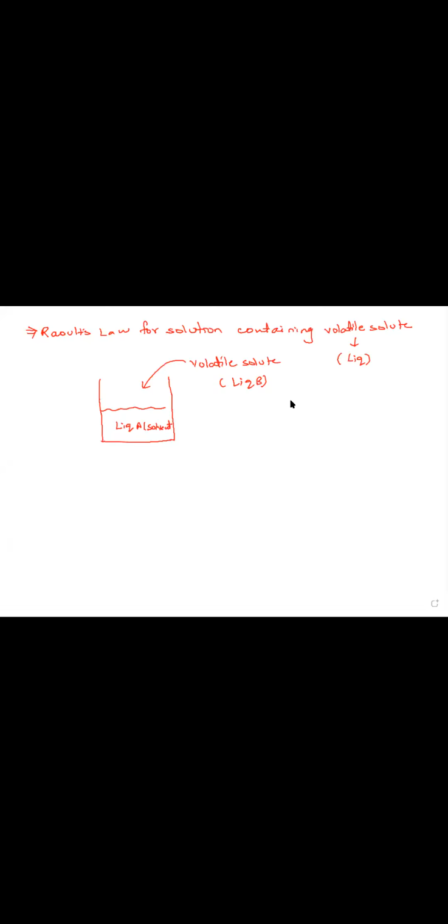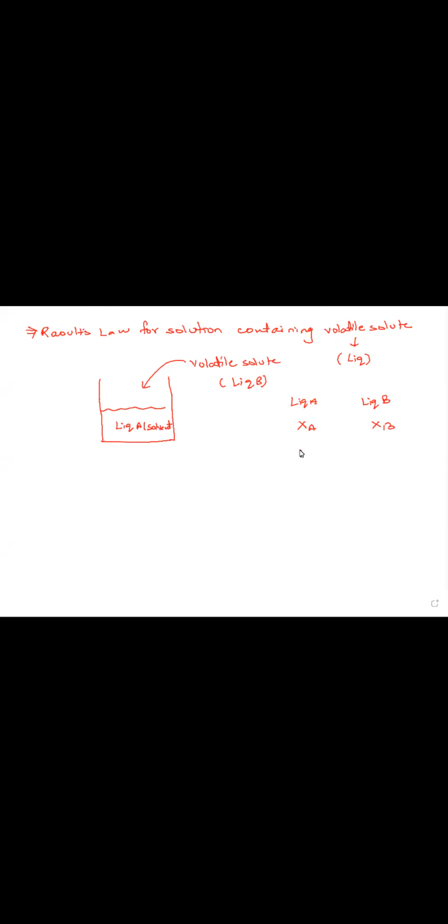Okay. So we have liquid A in the solution and we have liquid B in the solution. Now, consider the components A and B with mole fractions XA and XB, correct?